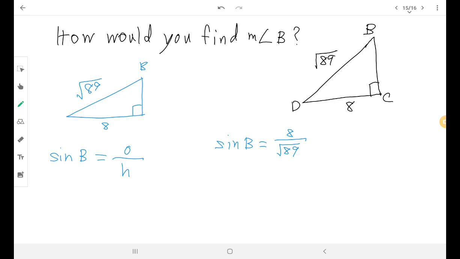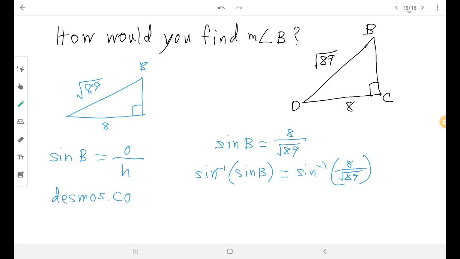Now, the trick to a problem like this is to take the inverse. So I'm going to take the inverse sine of the sine of B, which equals the inverse sine of 8 over the square root of 89. You might want to do a problem like that on desmos.com, because it's a little bit friendlier.